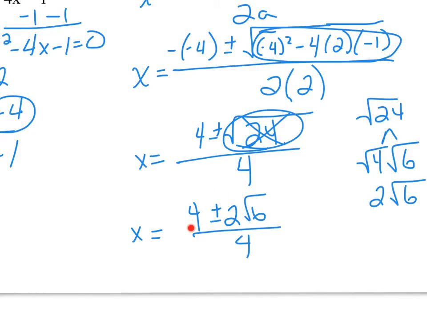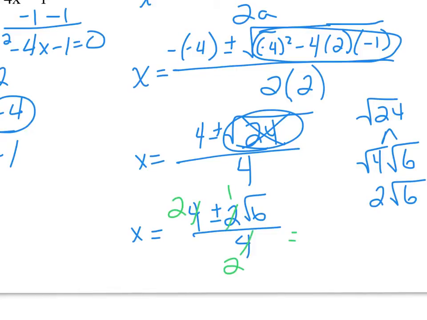If everything outside the radical is divisible by a number, then you can divide it. If even one of these numbers is not divisible by, in this case, 2, then don't do it. Okay? So here, 4 is divisible by 2, 2 is divisible by 2, and 4 is divisible by 2.